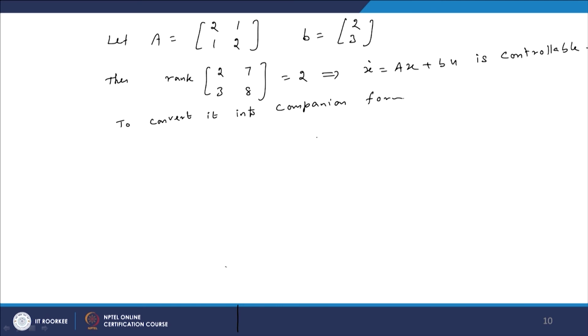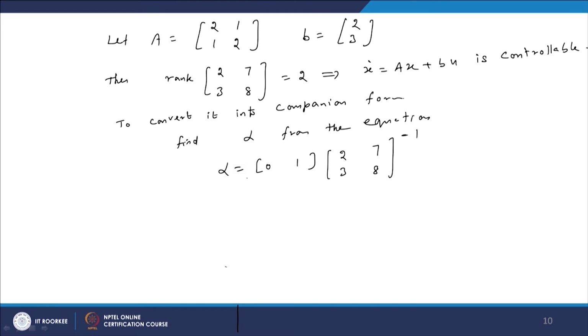So, we have to find the value of alpha from the equation alpha equal to 0 1, because it is a 2 by 2 matrix, into the inverse of the matrix 2 3 7 8, the inverse.